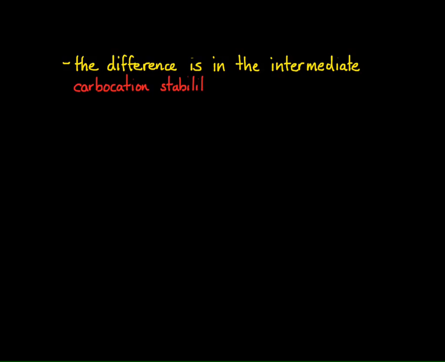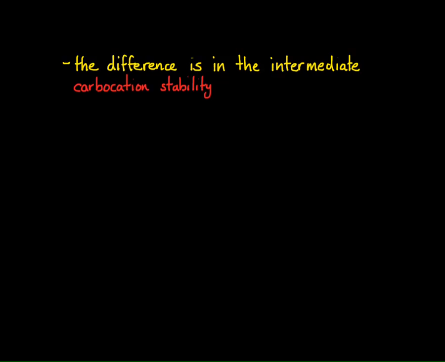Now, why is that? Well, the difference between the two pathways is in the intermediate carbocation stability. Remember, the second step, the addition step, is not the rate determining step. The first step in our reaction mechanism, the formation of the carbocation, is the rate determining step.